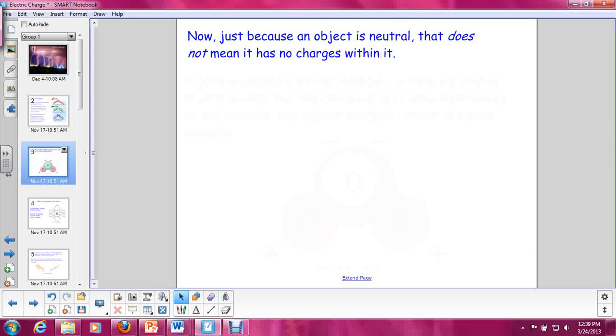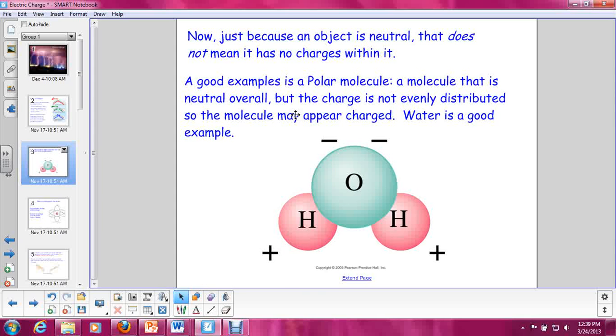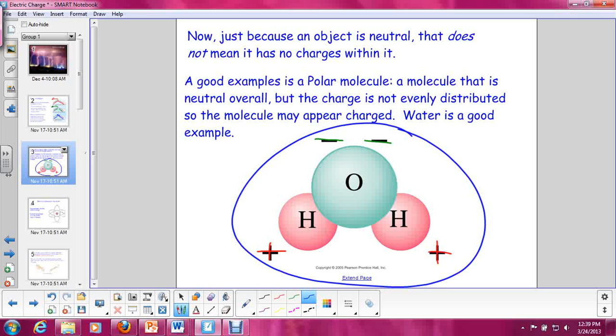Now, just because an object is neutral, that doesn't mean it has no charges within it. It just means that the positive and the negative are balanced. So a good example of this is a polar molecule. Hopefully you remember this from last year too. Water is a polar molecule. The hydrogens in water like to have a positive charge, and the oxygen in water likes to have a negative charge. But an overall water molecule is neutral. The charge is equal to 0.